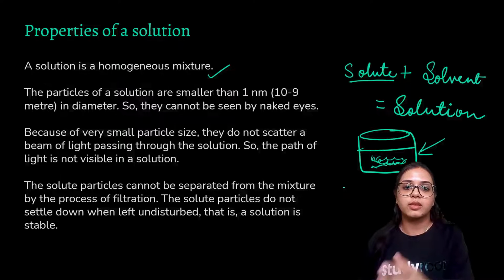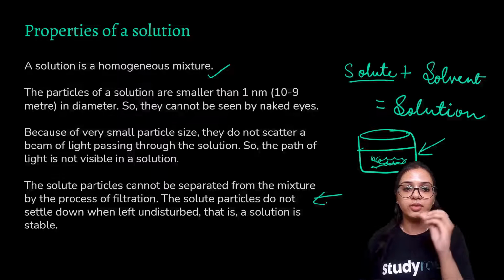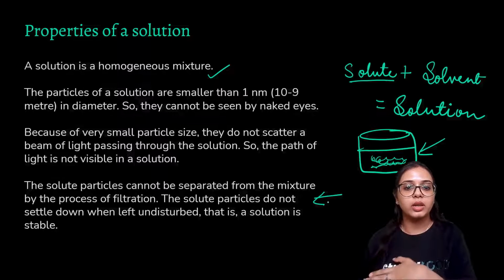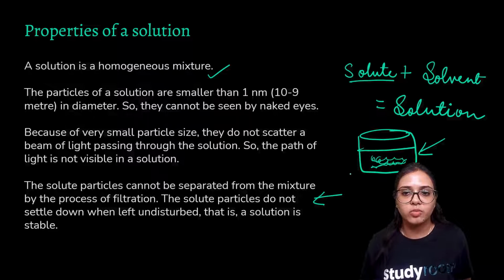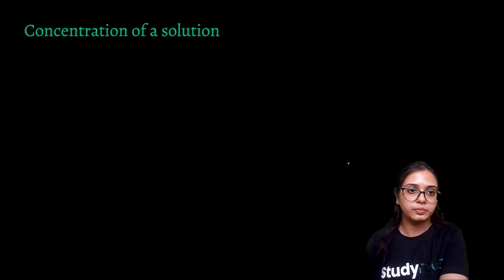So physical processes such as filtration cannot be used to separate particles from the mixture. The solute particles do not settle down when left undisturbed, that is, a solution is stable. Also, from the basic precipitation process, you cannot obtain the solute from the solvent.